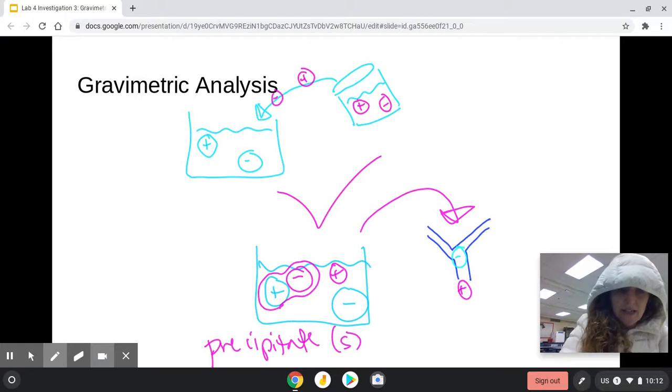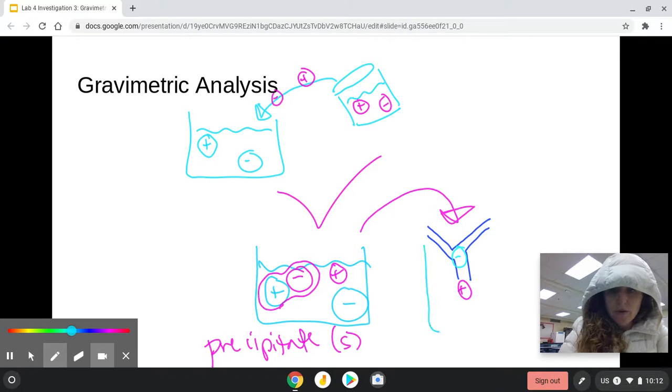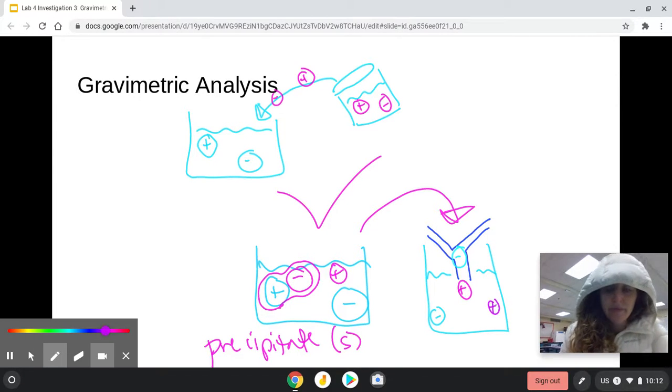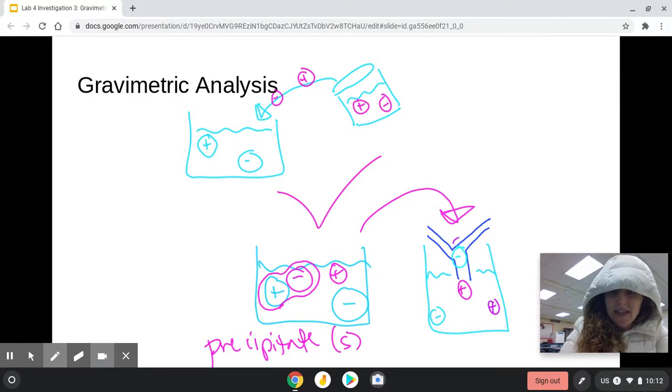Our free ions that are floating around will flow through into a new solution. And then the solid will get stuck here. The solid will get stuck on the filter paper.